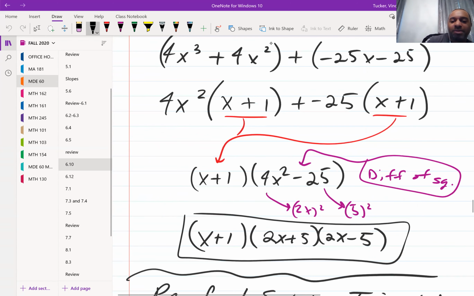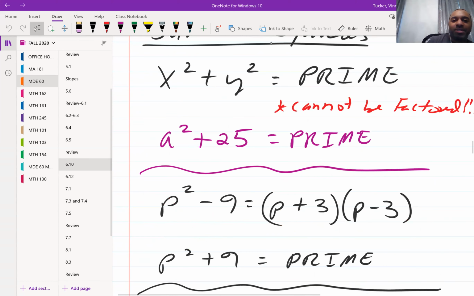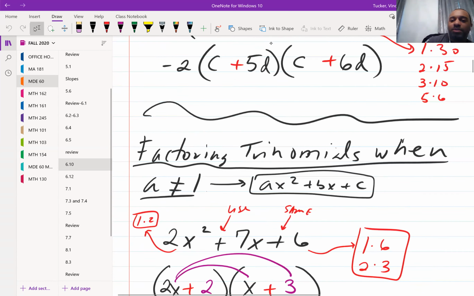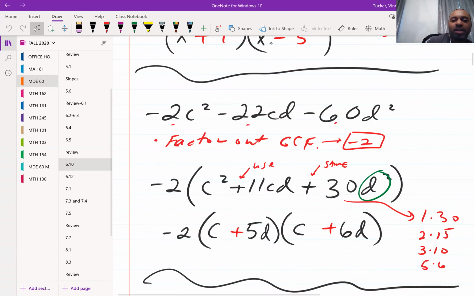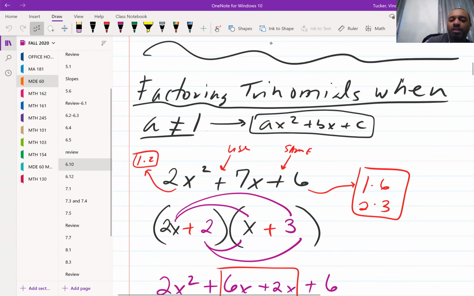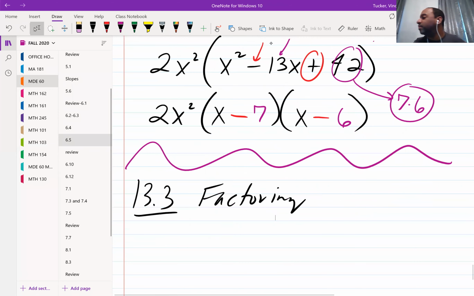Perfect square trinomial. Sum of squares. Factoring trinomials when. Oh, okay, so these are all the notes right here. They're not that much. Okay, anyway. I don't like these notes. Let me go back to where I was. All right.